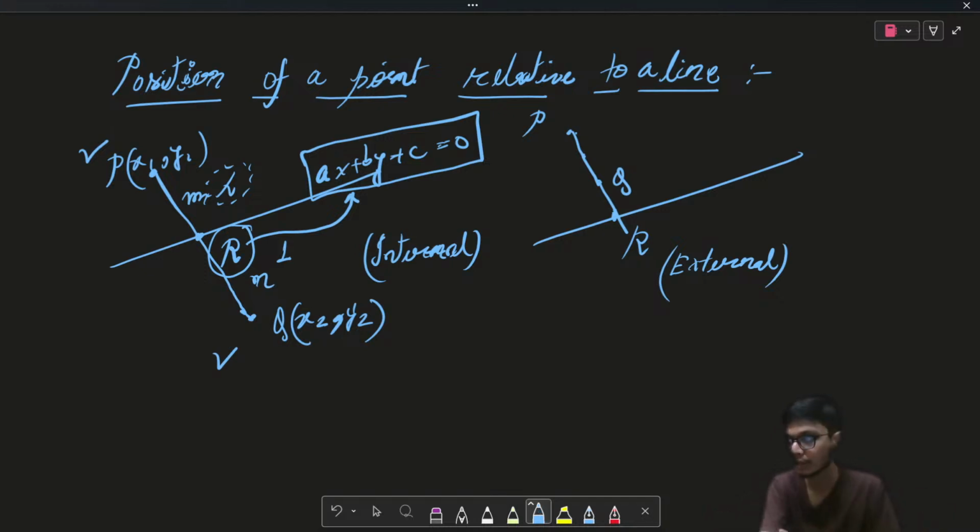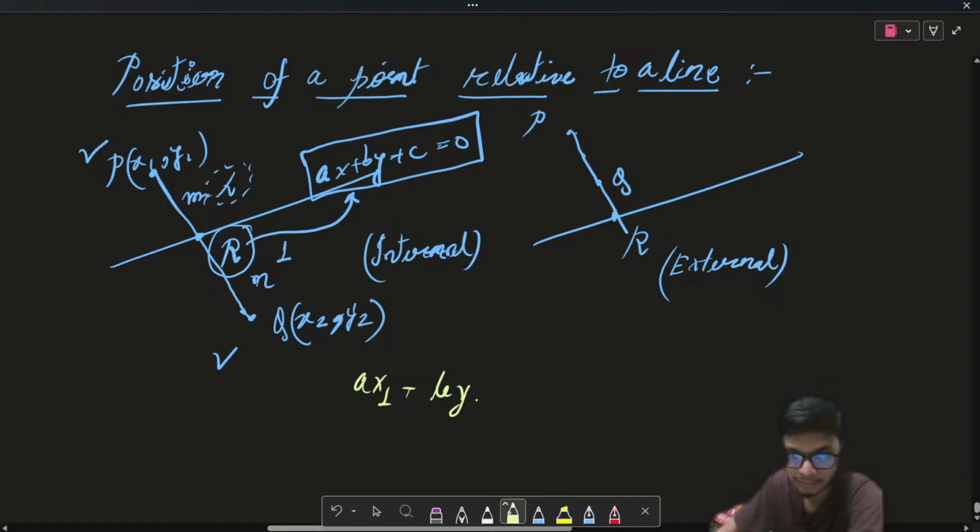If I carry out that algebra and find this ratio, just put these points in the line equation and find out the form.